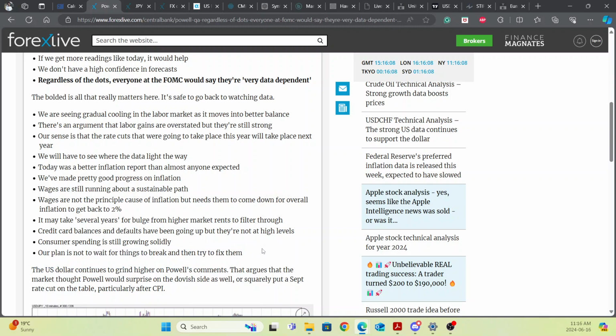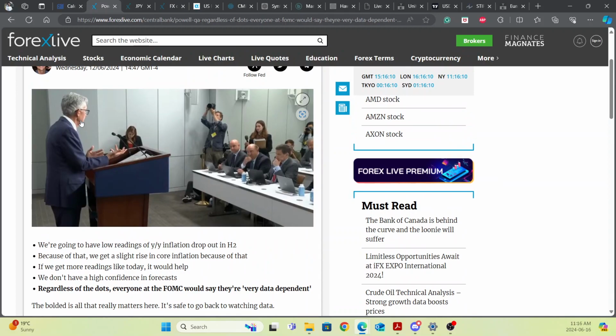So here you can see this guy knows what he's talking about. He does not want to create that much volatility across the market, so he tried to stay neutral, some sort of saying, hey, we may do this thing. However, if we get this thing, we may do that thing. It solely depends on data, and not giving any clue to the markets.